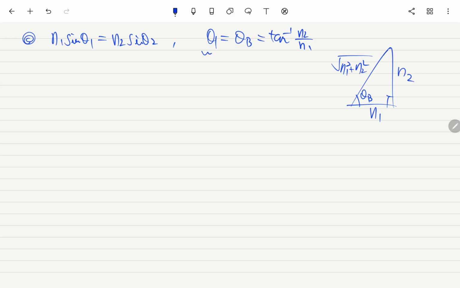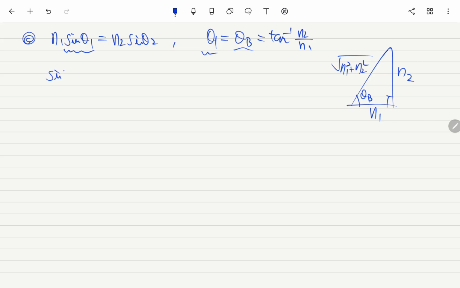So here theta 1 is actually theta b. Here we need to calculate sine of theta 1, or sine of theta b, because we have already drawn out this right angle triangle.